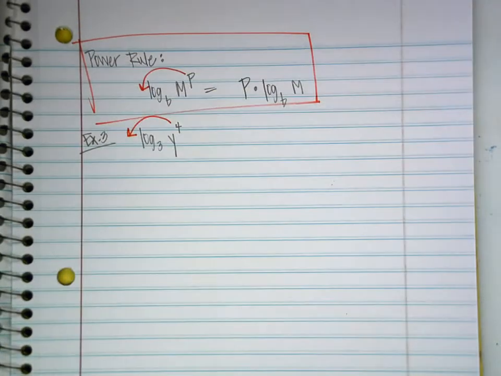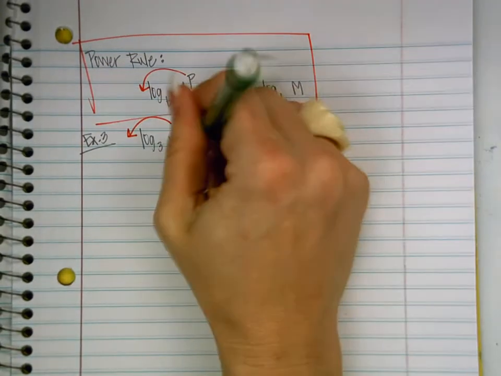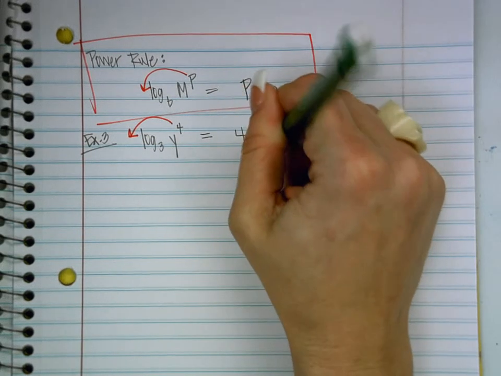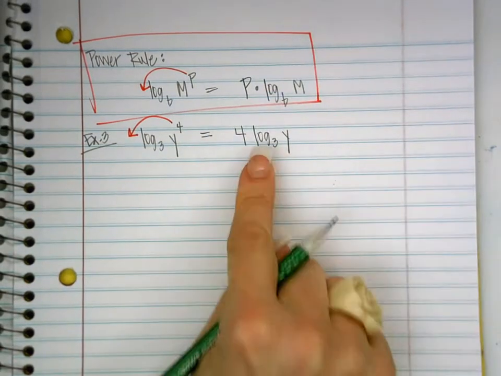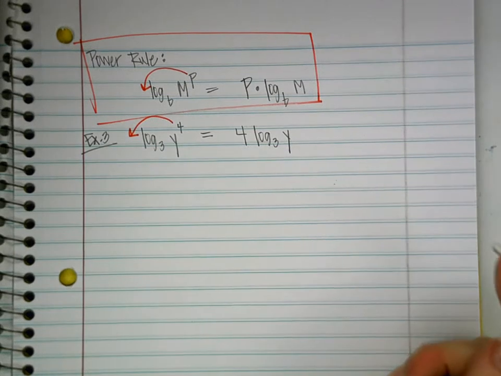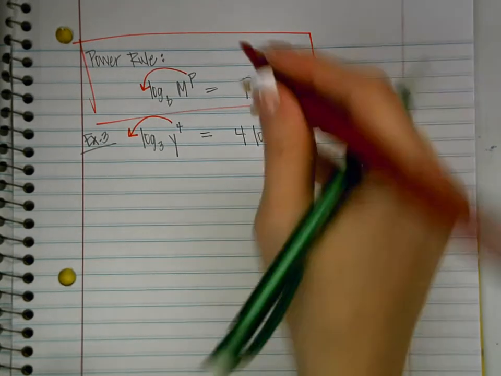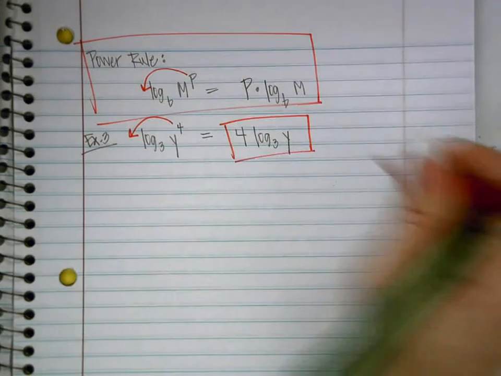It's on its leash. It can walk up to the front, and it becomes 4 multiplied by log base 3 of y. You don't have to put the multiply dot. You can if you want to, but you don't have to. That's all we're looking for. It's just knowing what those rules do, essentially.